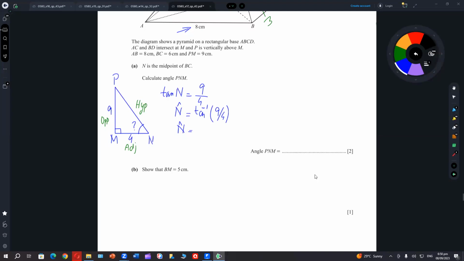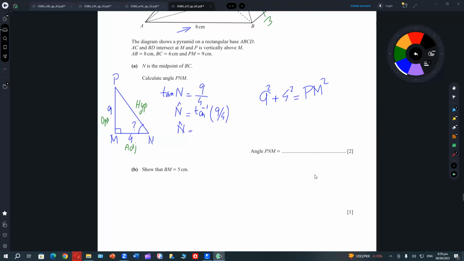Can you help me how to write the Pythagoras for this triangle? 9 squared plus 4 squared. Yes. So you can't change it. You can't move the 4 to the right.